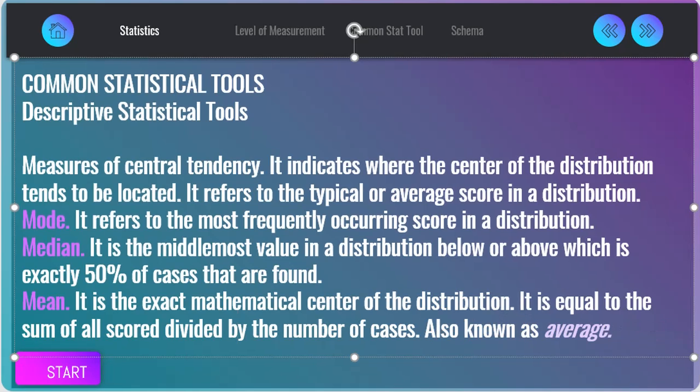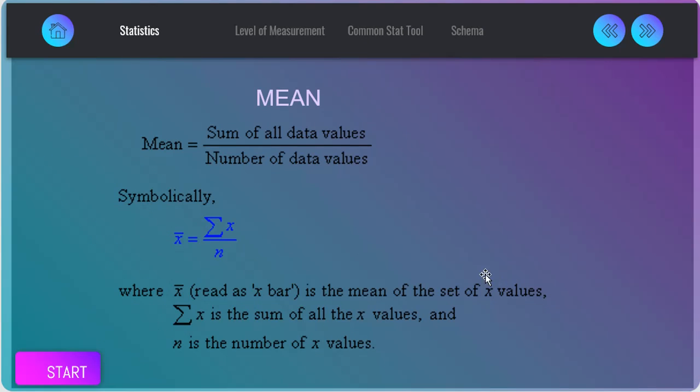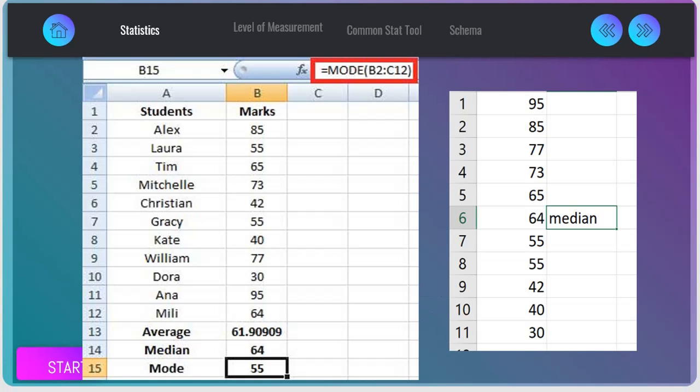Now let's see the formula. So this is our formula of mean. Mean is equal to the sum of all data values divided by the number of data values. So this is the formula symbol.